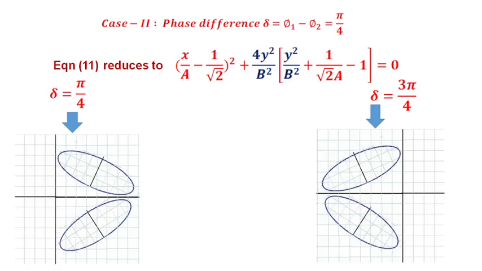Now case 2, phase difference δ = φ1 − φ2 = π/4. Then equation 11 reduces to (x/a − 1/√2)² + 4y²/b² (y²/b² + (1/√2)(x/a) − 1) = 0. So δ = π/4 and δ = 3π/4. So the waveforms are like this as you are observing on the screen.